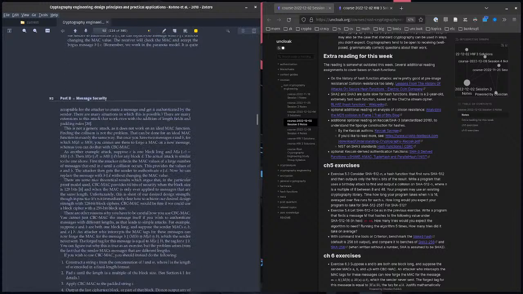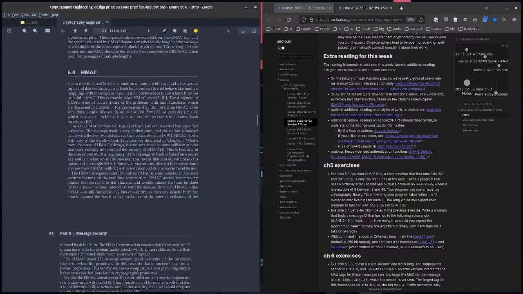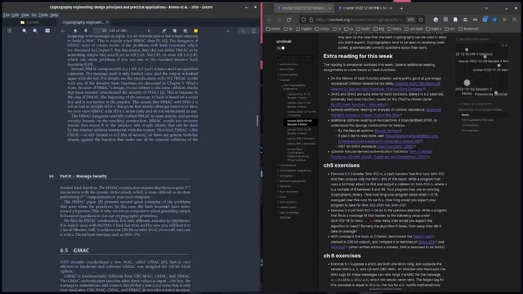But more common these days is to use specifically what's described in the book as GMAC. HMAC was popular with SHA-2 because it was a way of denying length extension attacks. But if you're going to use a modern hash function that is not vulnerable to length extension attacks, HMAC's advantages drop off in the sense that HMAC is required to evaluate two hash functions to construct a MAC.